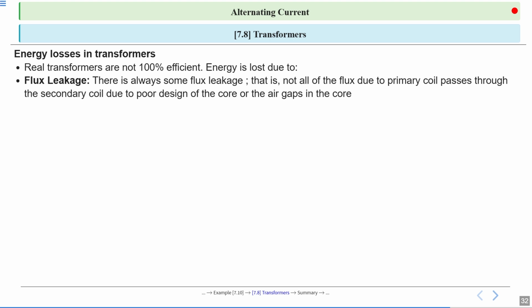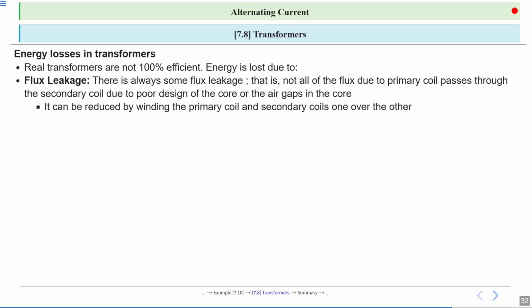So flux linked with the primary and secondary coil is not actually equal due to poor design of the coil or air gaps in the core. It can be reduced by winding the primary coil and secondary coil one over the other. If we wind both coils one over another, it can be reduced to a much extent. But we cannot gain 100% efficiency by doing this either.